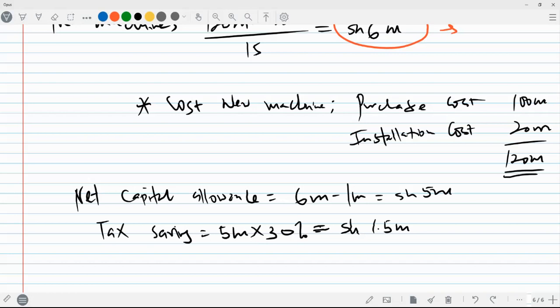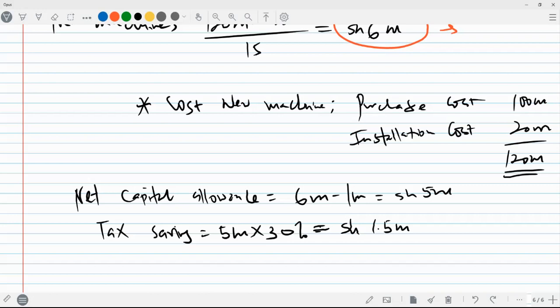Then an overhaul cost will be incurred in year 10 at a cost of 20 million. It involves acquisition of new parts, and we're told that the new parts will cost 20 million. Now, is this purchase of the new parts revenue or capital?